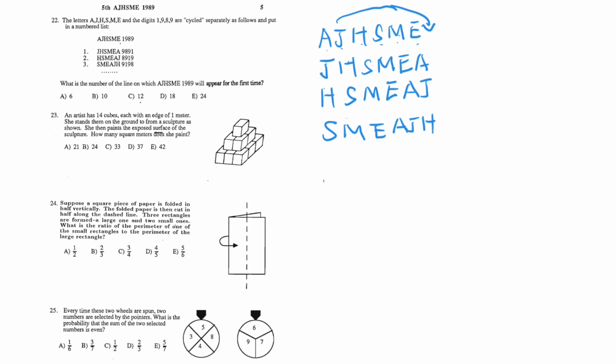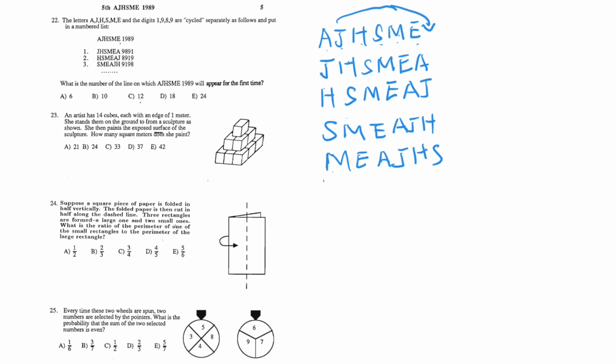At number 6, it comes back to here, AJHSME. Then we continue MEAJHS, and they continue this way. So they cycle every 6 letters.